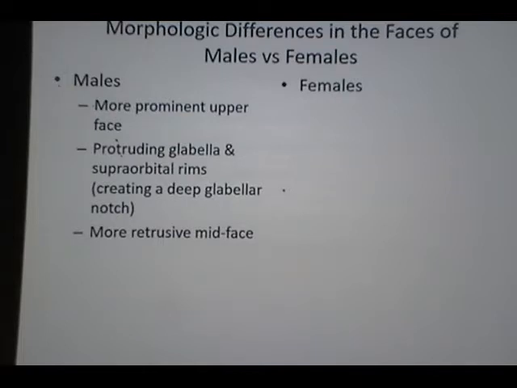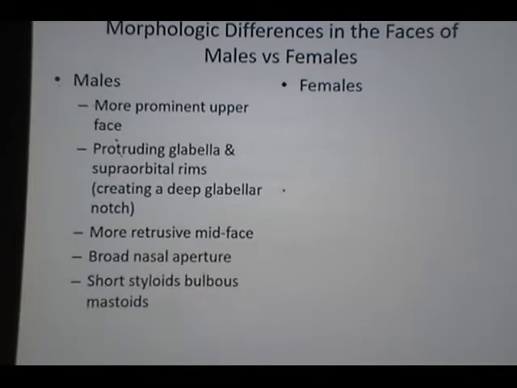So more retrusive, that's more of a face that's class 2 or retrognathic, though in regards to their upper jaw it typically appears to be more forward in position. They have a broad nasal aperture. They have a larger airway than females of their same cultural group. And they have large mastoid processes of the temporal bone, and they have short styloid processes.